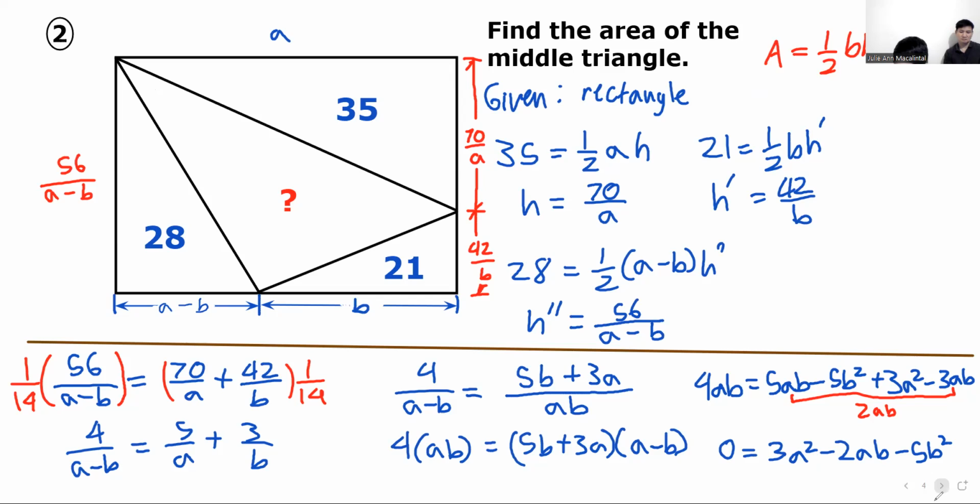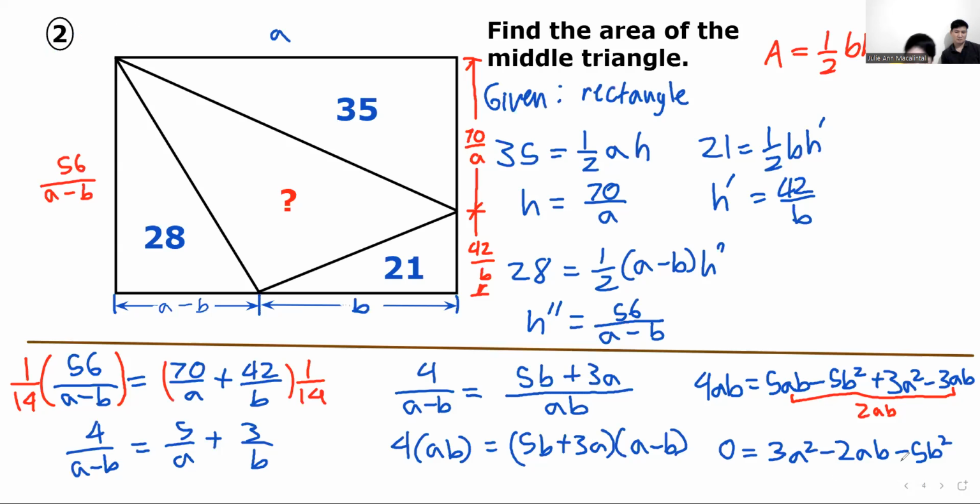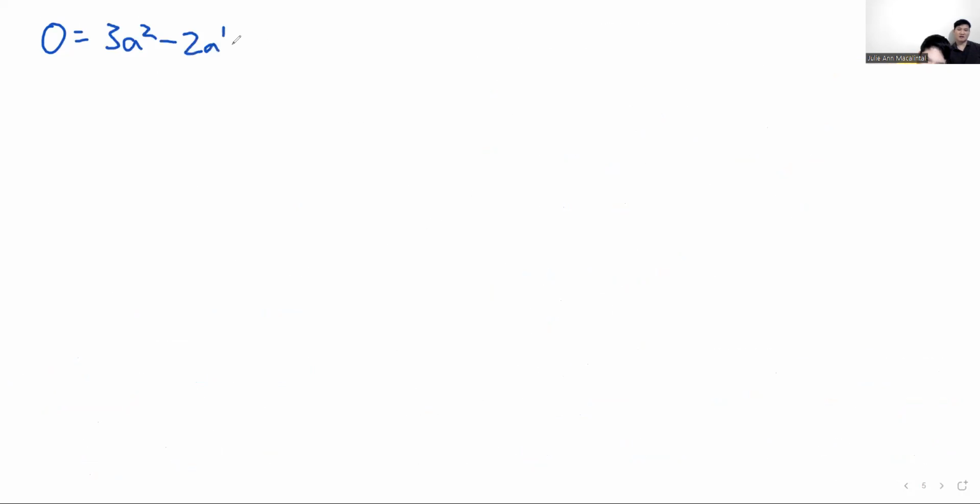Every single common factor will be merged. Okay. 0 is equal to 3a squared minus 2ab minus 5b squared.